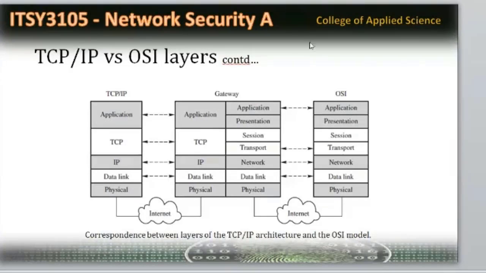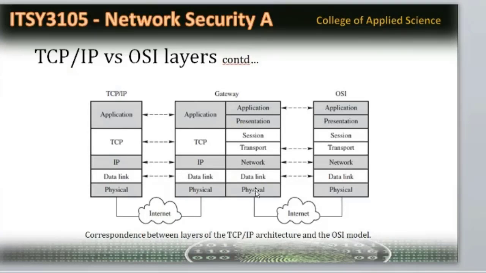If you take the OSI model, this is proposed by the ISO standards organization, which we discussed in the previous slides. In this model, the OSI model, there are 7 layers available.